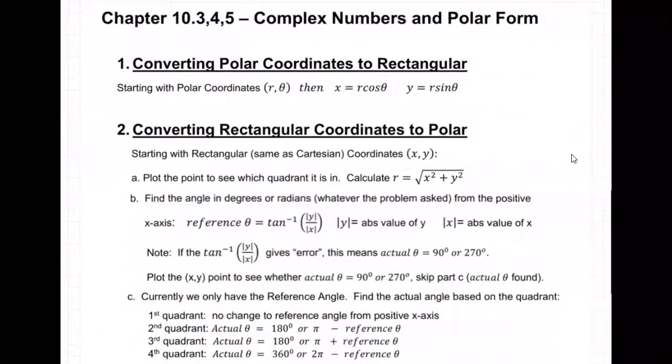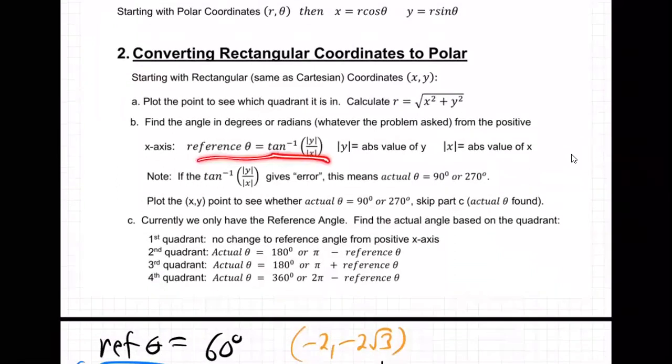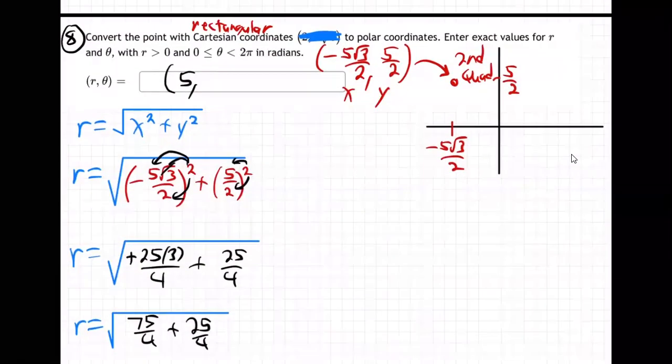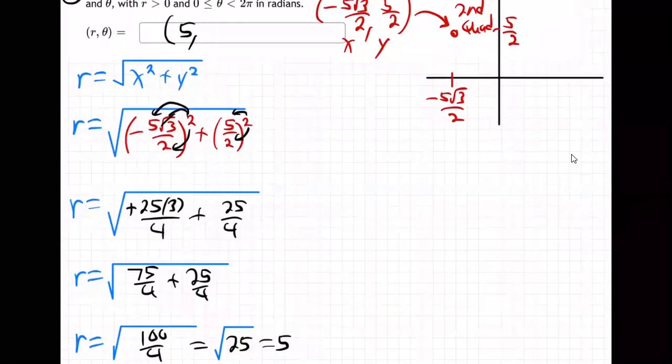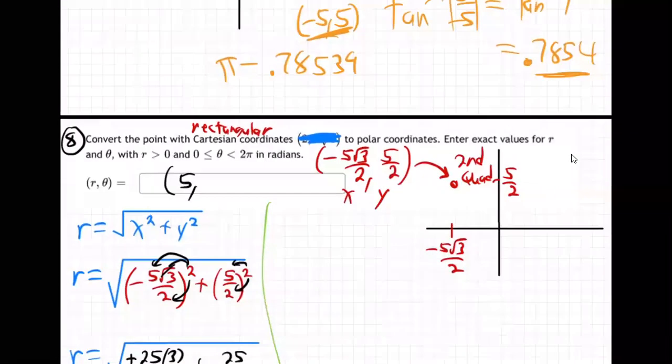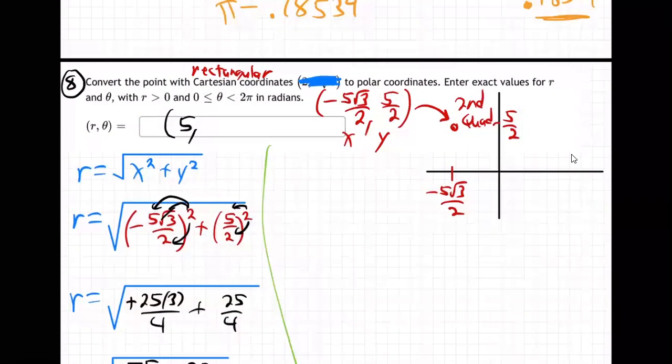Well, it says down here for the angle, find the angle in degrees or radians. The reference angle is inverse tangent of the absolute value of y over x. Okay, so let me put a line here to separate all this stuff. We're done with that side. So now the reference angle is inverse tangent absolute value y over x.